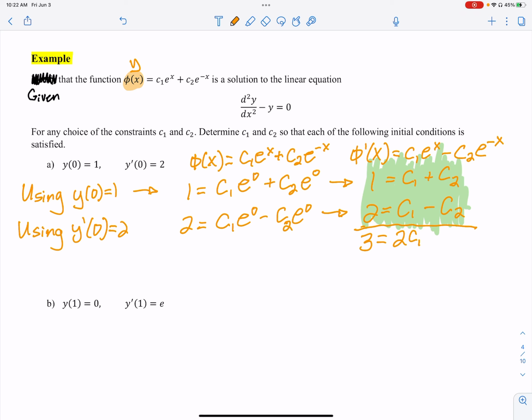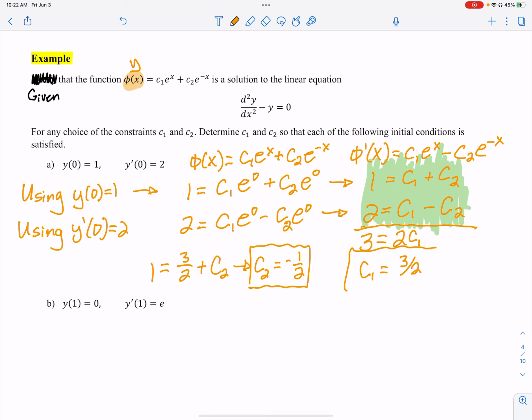So now I can solve for C1. C1 is 3 over 2. And then I use that top equation, 1 equals 3 over 2 plus C2, and I solve that to get C2. If I minus 3 halves, I get negative 1 half. So there are C1 and C2. Oh, I said them backwards, but you get the point.